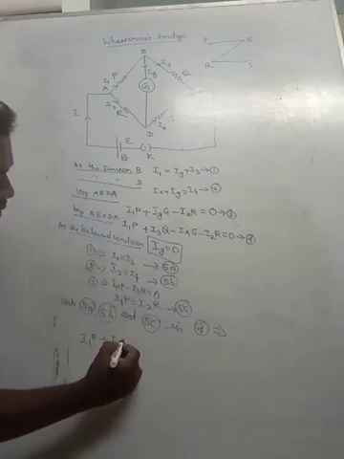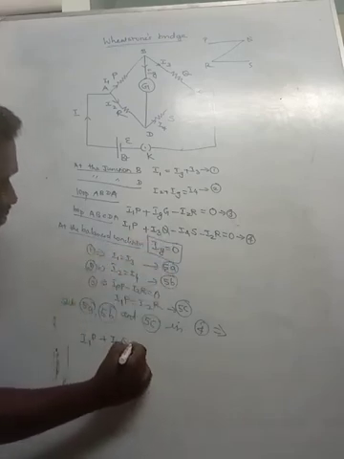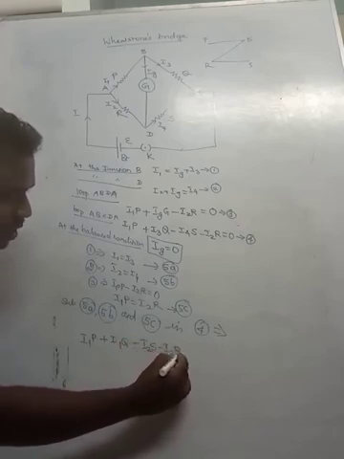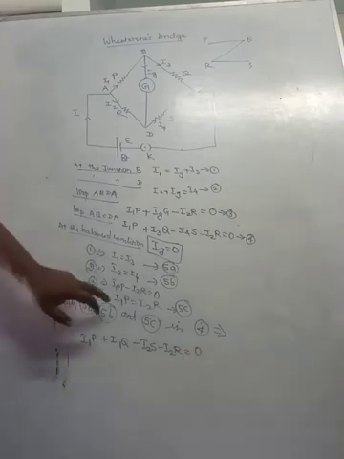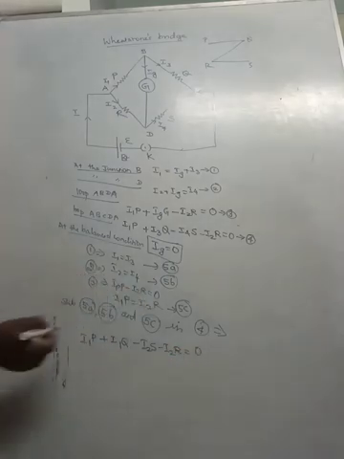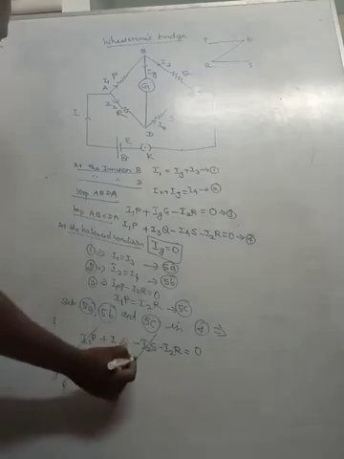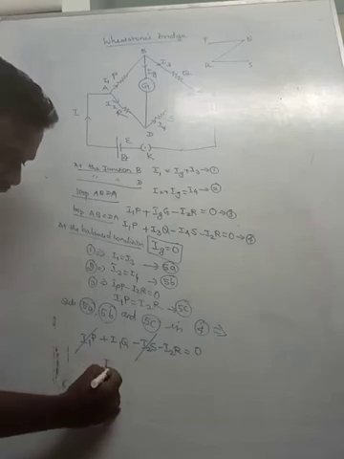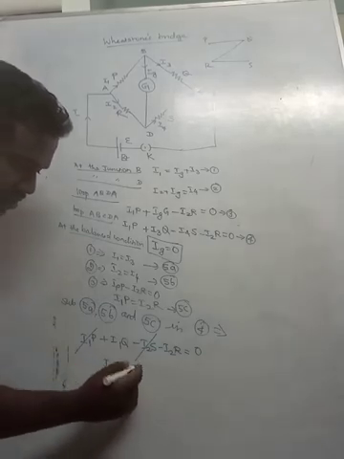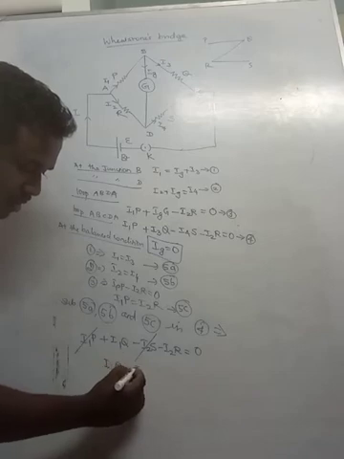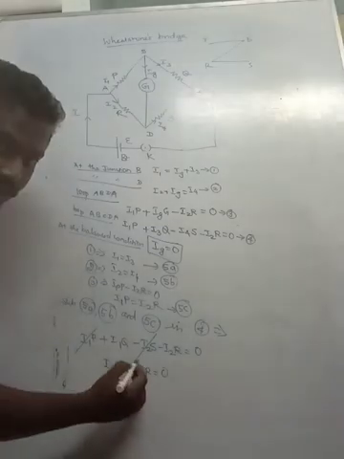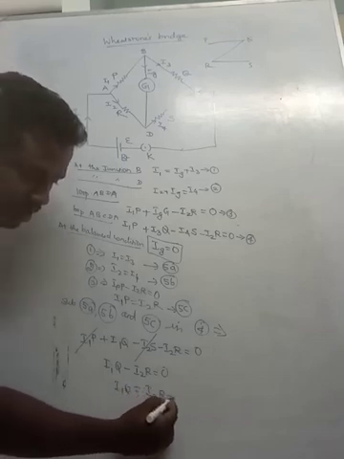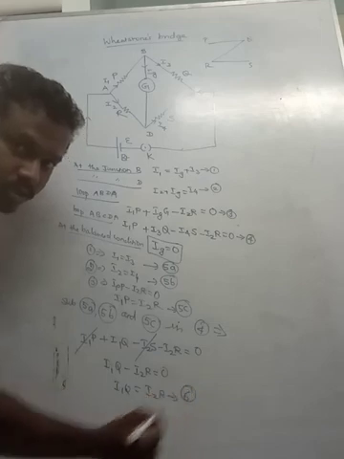So I1Q minus I2S minus I2R is equal to 0. But you know that I1P is equal to I2R, so plus I1P minus I2R gets cancelled. So the remaining is I1Q minus I2S is equal to 0. That means I1Q is equal to I2S. Take this as equation 6.